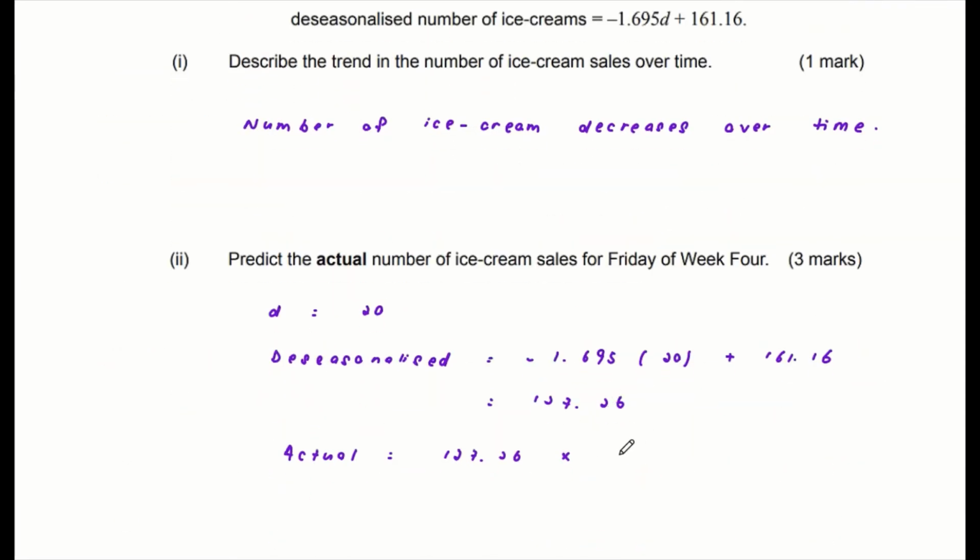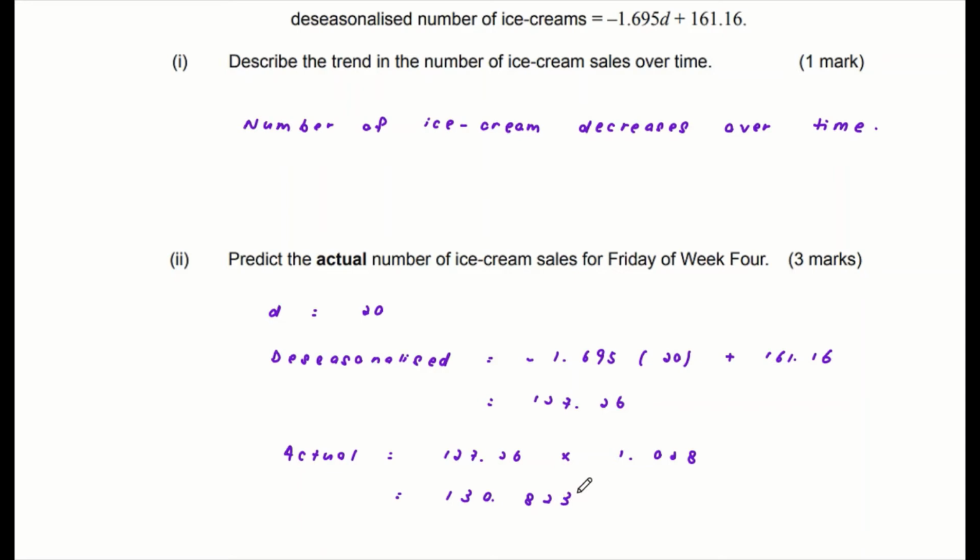And remember, although we are talking about the number of ice cream sales, you are using this number to multiply by the seasonal effect later. So that's why don't round it off here. You only round it off after you get your last answer. So you multiply 1.028 and you get 130.82.